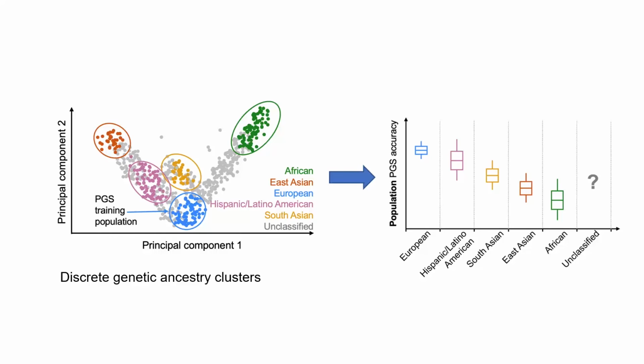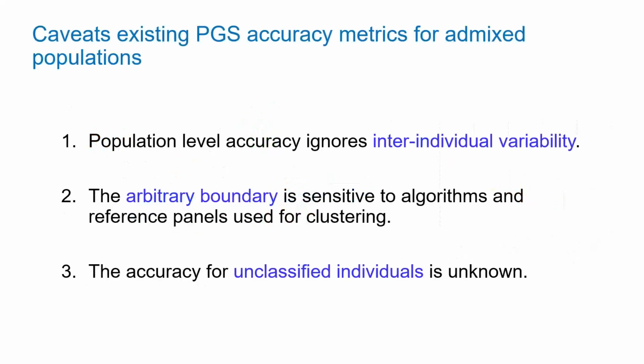So you see European, Hispanic, Latino Americans, and so on. That's what happens under the hood every time you see one of these plots of polygenic risk score performance decaying the further you move away from Europeans. I'll try to argue this in the next couple of slides.